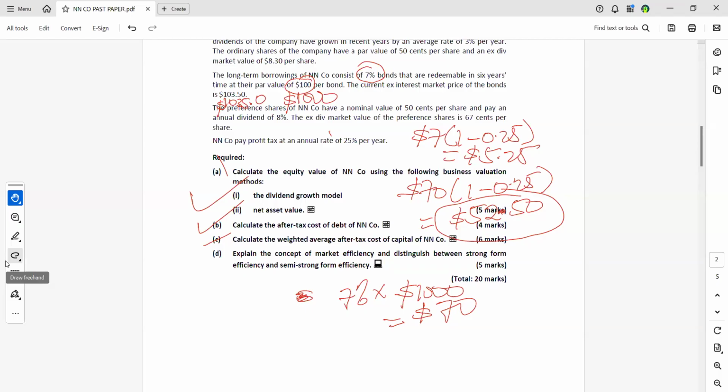Now note that per this question, we have preference shares, equity, and long-term borrowings. So we have three sources of capital: equity, debt, and preference shares. That is what we are going to do now.